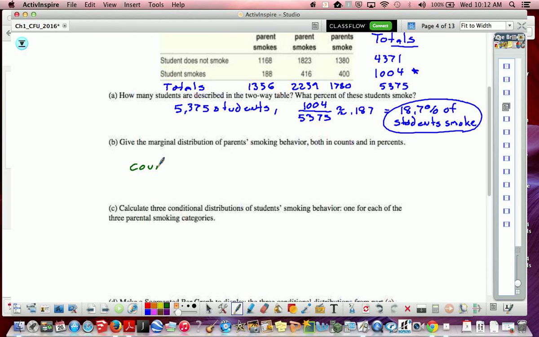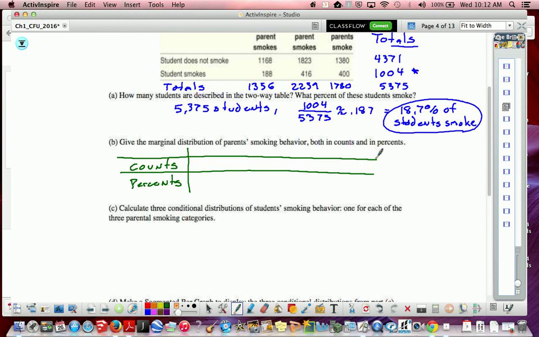I'm going to do counts and then percents and show you how I'm getting both those values. Up top, this is going to be neither parent, one parent, or both. As counts, we've already actually done those. That's what these marginal counts are.